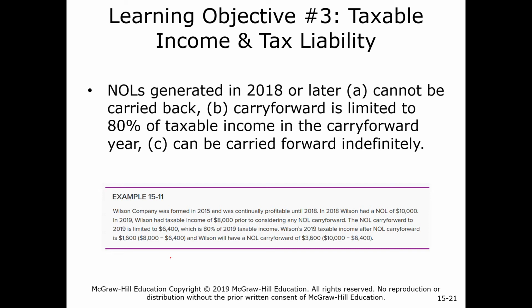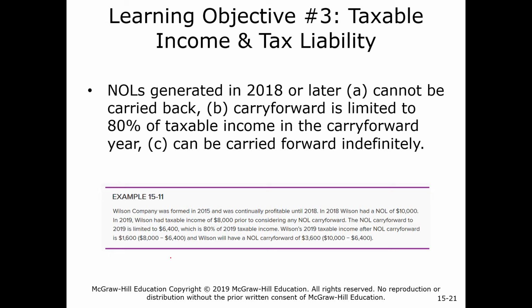However, this has changed due to the CARES Act, so you may want to take a look at that. Now corporations are allowed to carry back their NOL. But your textbook is dealing with the 2018 tax law under the TCJA, so we're following this rule.